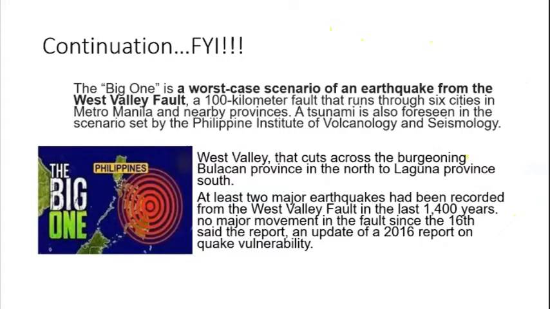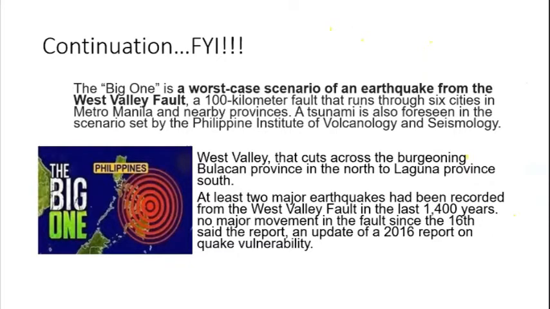It was based on the details that at least two major earthquakes had been recorded from the West Valley Fault in the last 1400 years. No major movement in the fault since the 16th century, said the report, an update of a 2016 report on quake vulnerability.